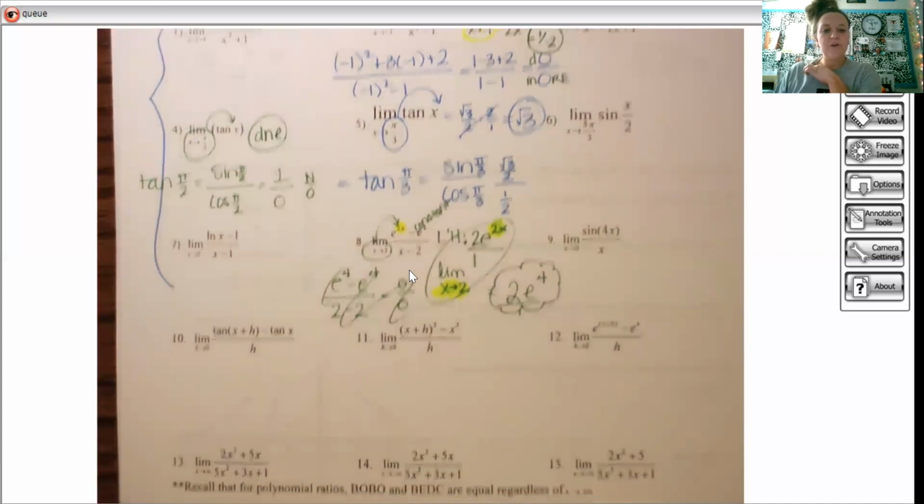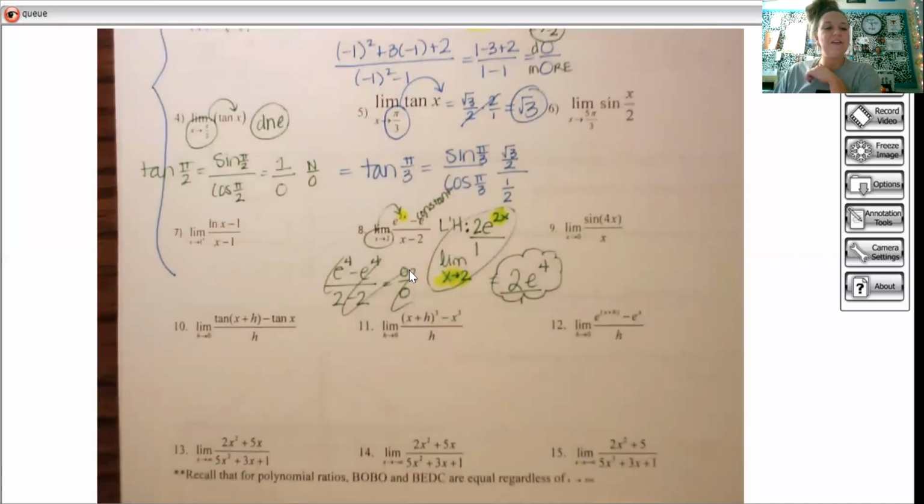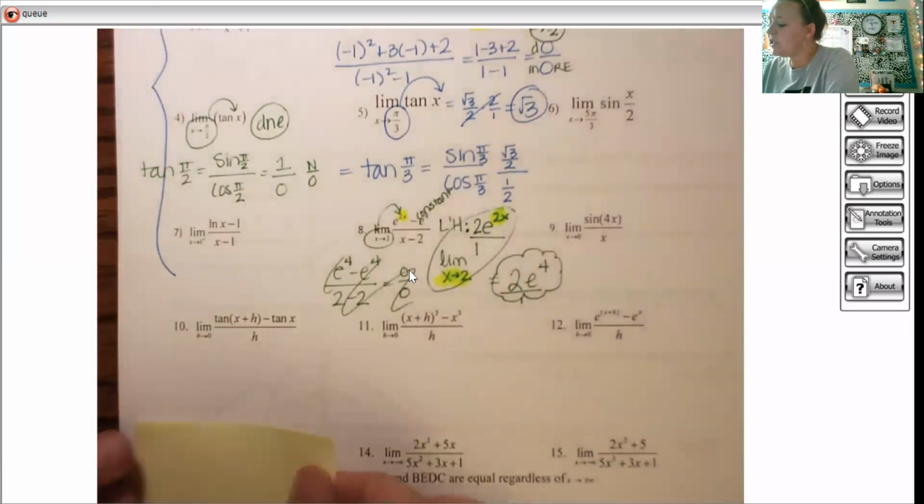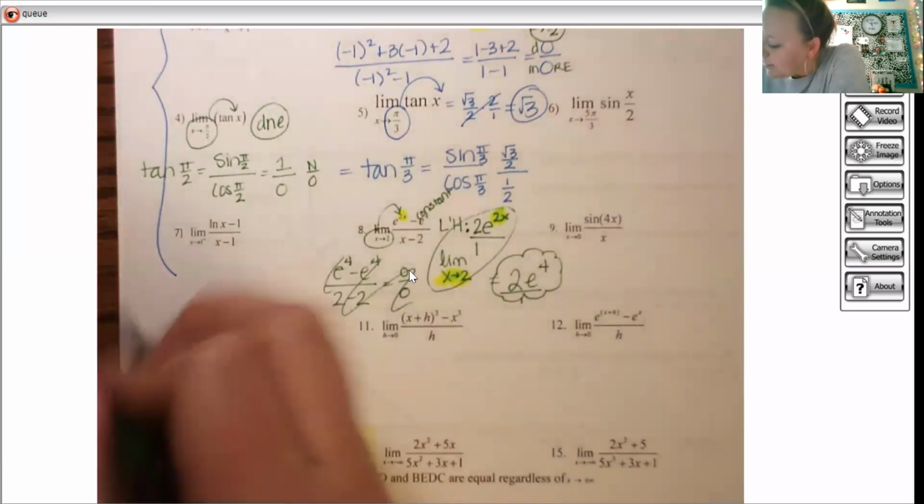All right, let's move to the next row. 10 through 12 are all definitions of a derivative. So let me remind you of what the definition of a derivative is.